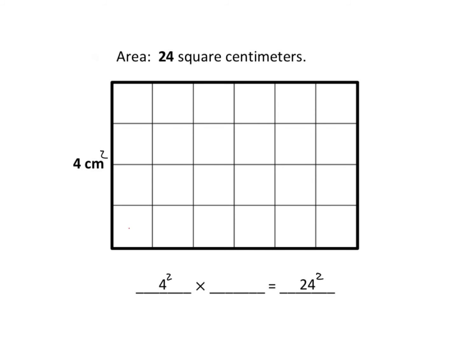So we have 1, 2, 3, 4, 5, 6, and 6 times 4 does give us 24, so we can fill in our multiplication sentence with 6 and our array with 6.